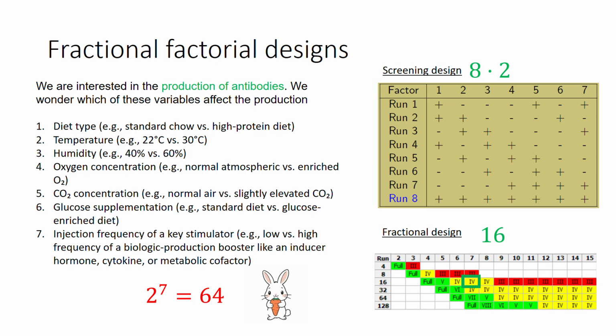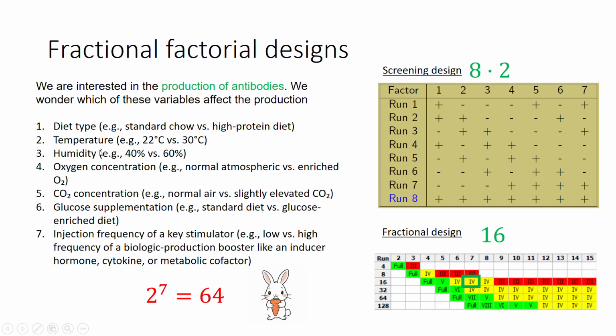And also with factorial designs, you don't need to run all possible combinations. So let's say that you are interested in the production of antibodies in rabbits when you change different variables. So you may change the diet type, the temperature of the animals, the environment temperature, the humidity, oxygen concentration.